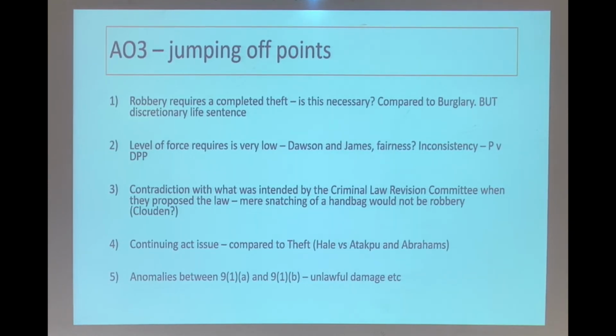However, if you entered under 9(1)A with the intention to do it, but then never did it, you would be guilty. So clearly that makes no sense. Actually entering with the intention to do it, you'd be guilty, but actually doing it, you wouldn't, which doesn't seem to make any sense. Whether that was just a mistake and whether it should be added is questionable, and that could be a reform suggestion in terms of adding it.